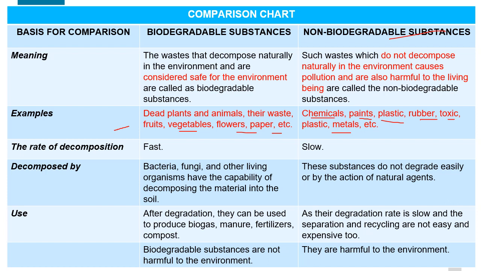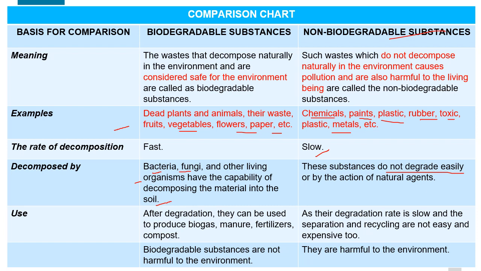These biodegradable substances are decomposed by, as mentioned earlier, microorganisms such as bacteria, fungi, and other living organisms that have the capability of decomposing the material into soil. And the non-biodegradable substances do not degrade easily. That's why their rate of decomposition is slow.